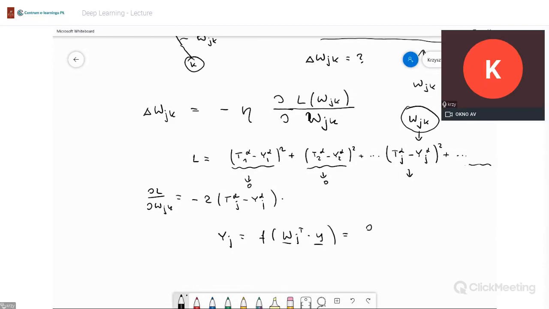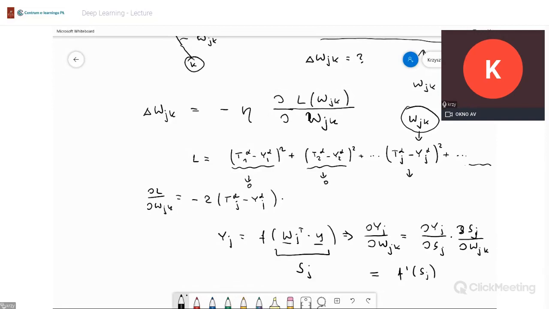So I can say that the derivative of this output with respect to w_jk is the derivative of y_j with respect to S_j times the derivative of S_j with respect to w_jk.